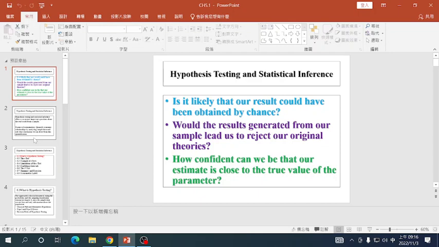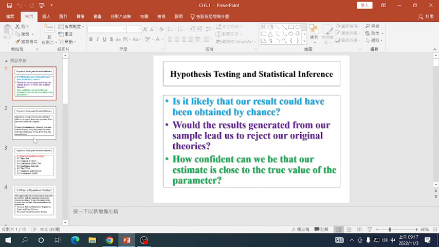Since we just used the sample, right? So maybe our result is just by chance. Or we may think that the result generated from our sample leads us to reject our original theory. All right, then some of you may think about how confident we can be that our estimate is close to the true value of the parameter. Those questions, I think, must be in your mind.